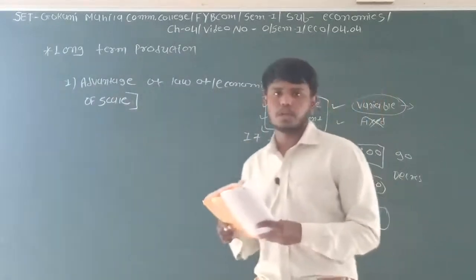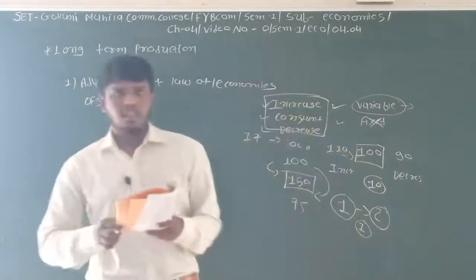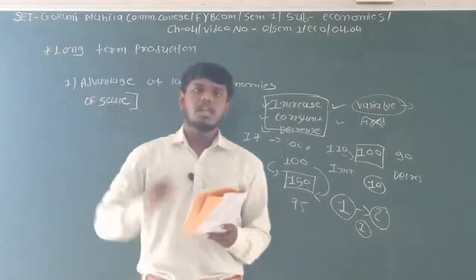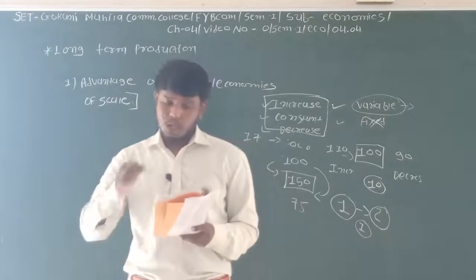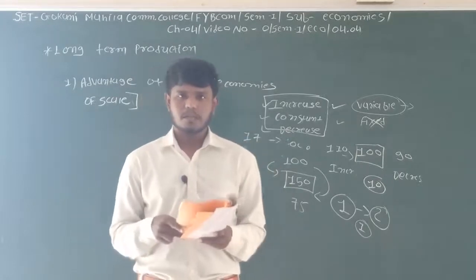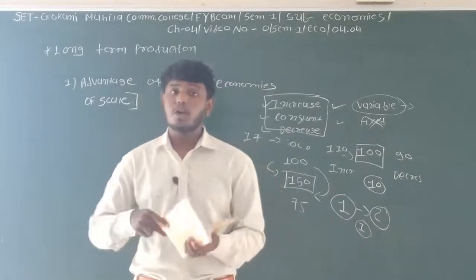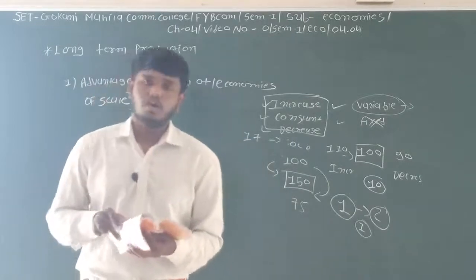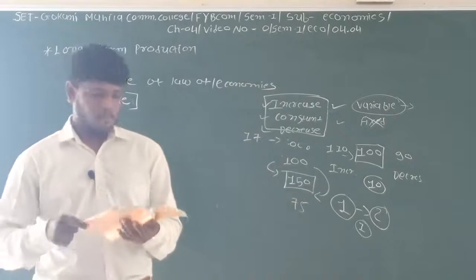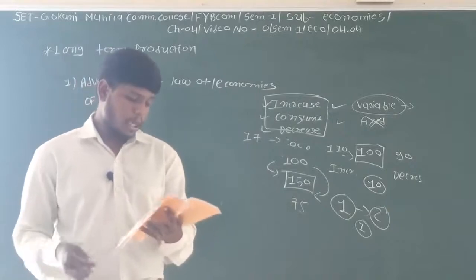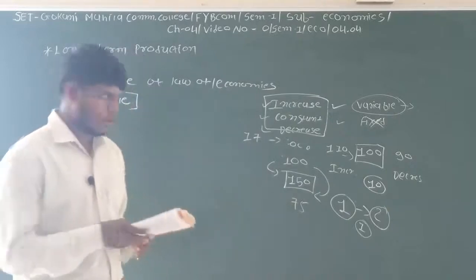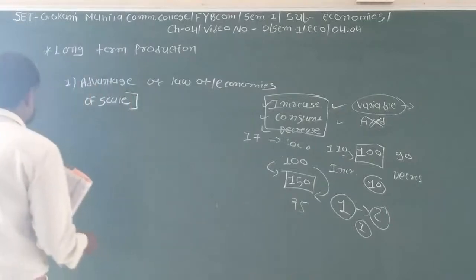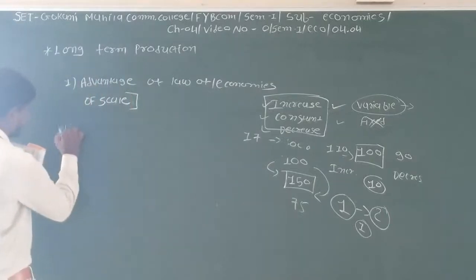So this is also one of the important things: your factor combinations should not change in the long-term production system. If all these assumptions are confirmed, then only this law holds. After that, the presentation of the law.